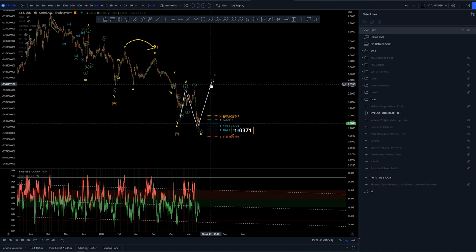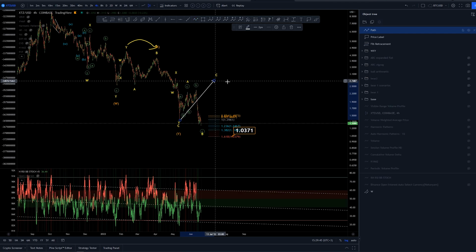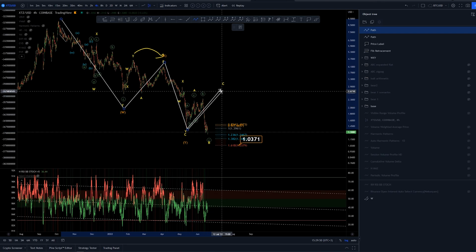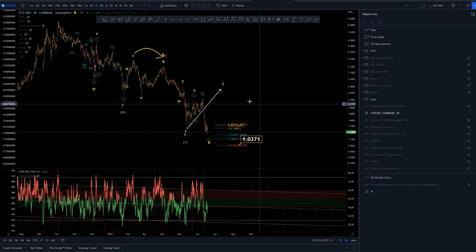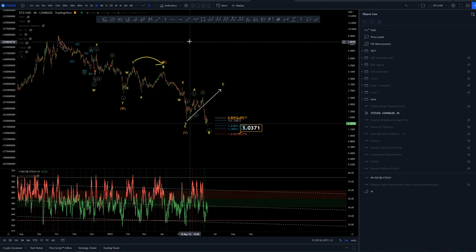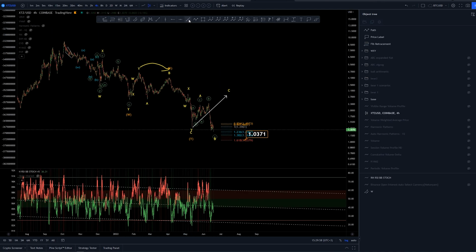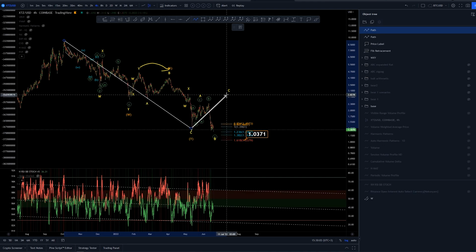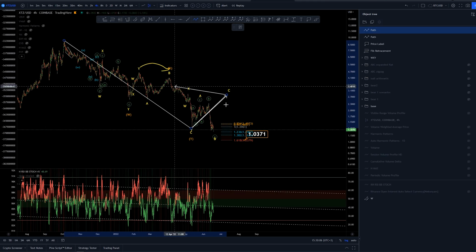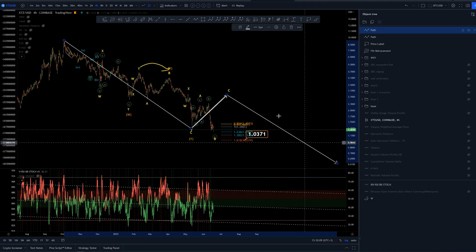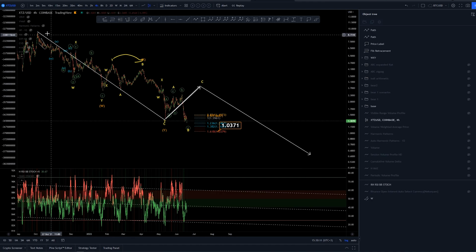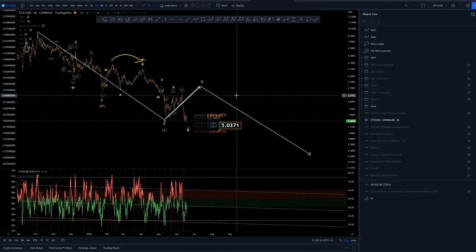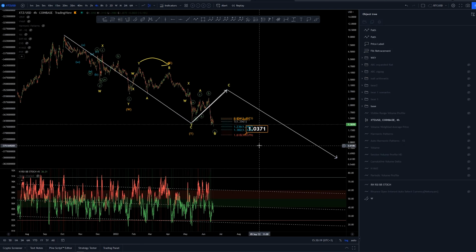So what this ABC does is create a connector for either creating this larger W, X, Y, X, and Z pattern, or this is the even more bearish scenario in which we have completed indeed the wave Y here, creating a connector for this whole structure and then continuing downwards to create another leg down comparable to this first one. So that is the scary thought behind here. But it is possible that we are again correcting a bit less.